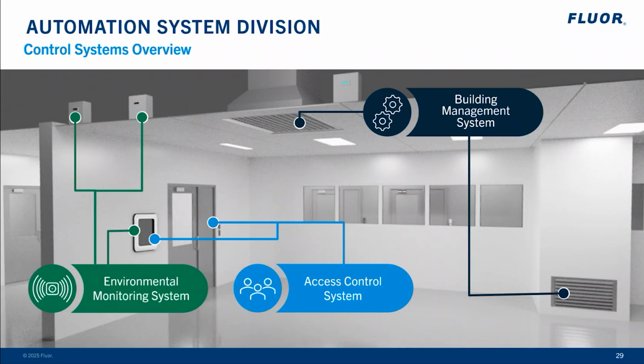An environmental monitoring system, EMS, also known as validated BMS, is essential in cleanrooms to ensure continuous control over critical parameters such as airborne particles, temperature, humidity, and differential pressure.